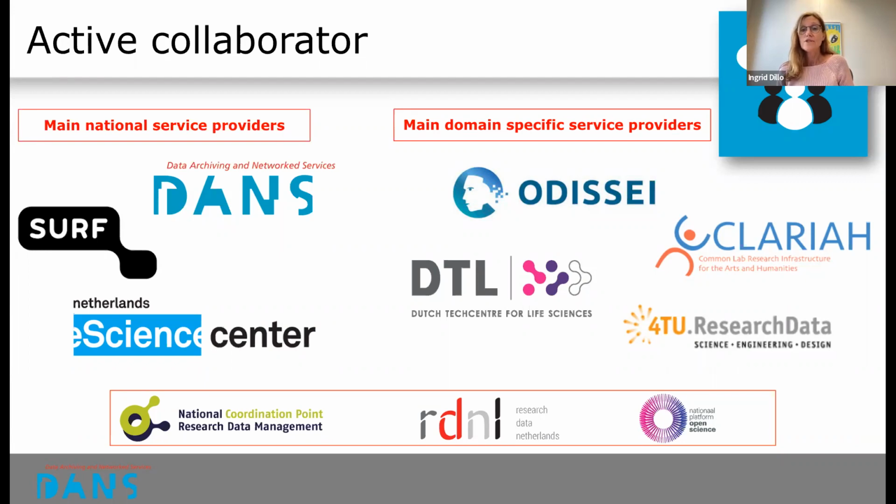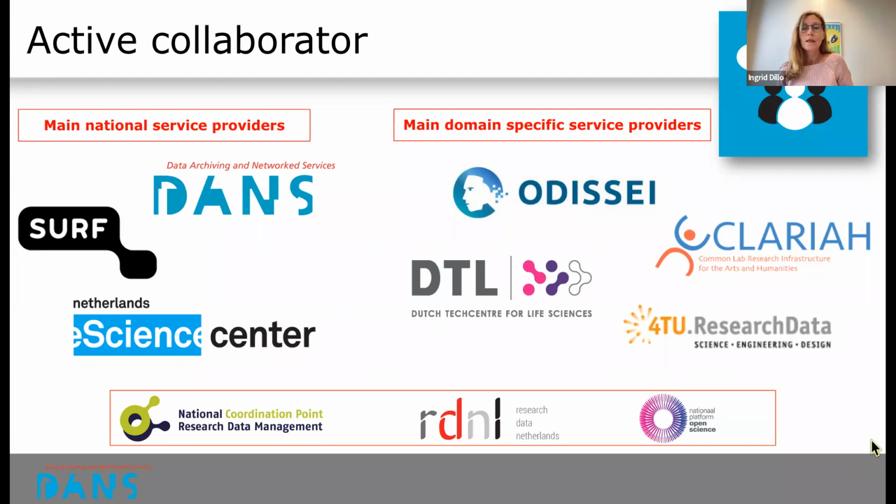On the right-hand side, you see the main domain-specific service providers: organizations like DTL for the life sciences, 4TU.ResearchData for the more technical sciences, and also the research infrastructures for the social sciences and the humanities, HEIS and CLARIAH. And again, DANS is part of the HEIS and CLARIAH infrastructures.